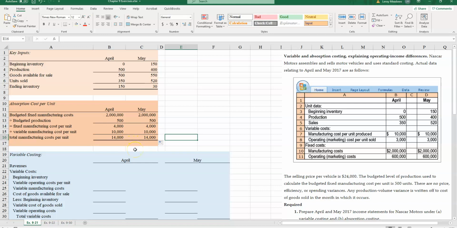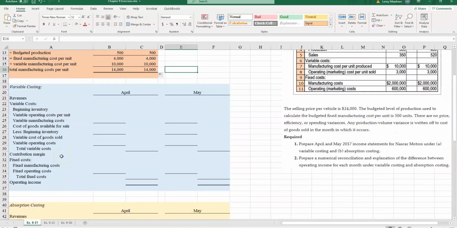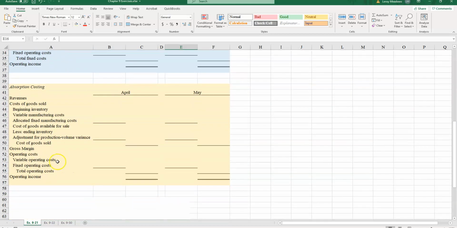So now that I've got my total manufacturing cost per unit under absorption costing, and I know my variable manufacturing cost per unit is just simply 10,000 here, we've got the difference in cost per unit. Now we can do the income statements and figure out our operating income.